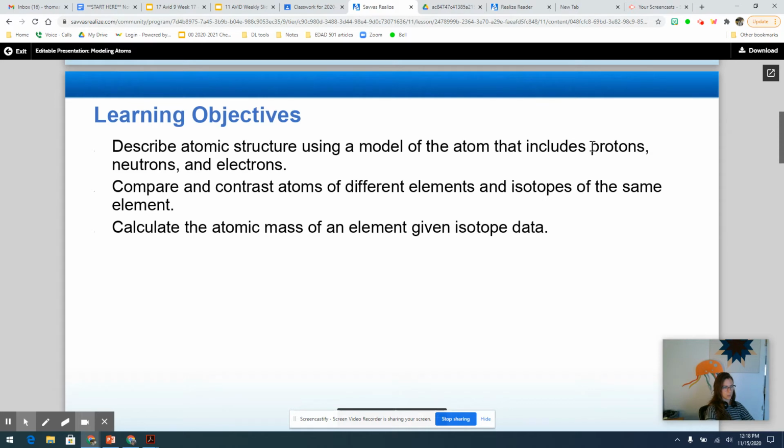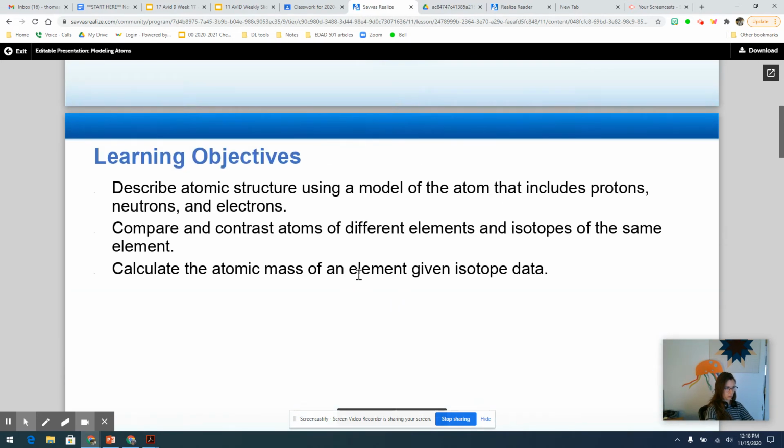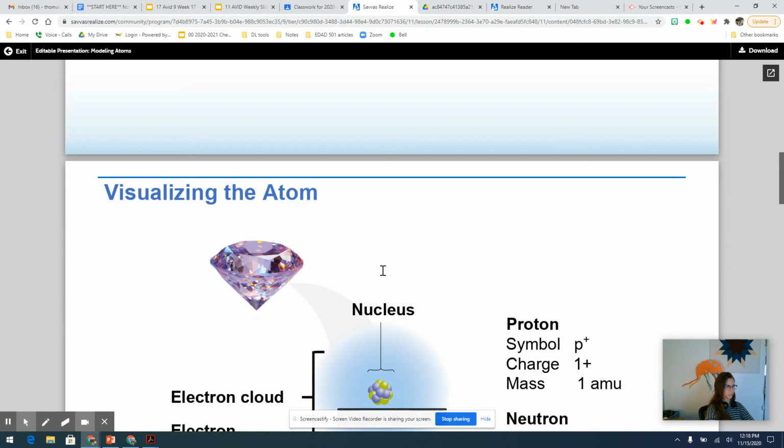In the first objective, we have 3 vocabulary words: protons, neutrons, and electrons. And finally, we're going to calculate the atomic mass of an element given isotope data. I might give you a very brief introduction to this, but we won't spend too much time on it. It's important in chemistry, but it's not so important, and so this year will be a brief introduction.